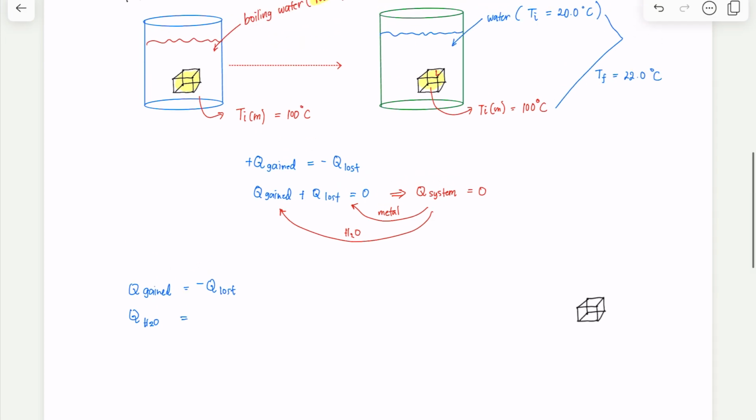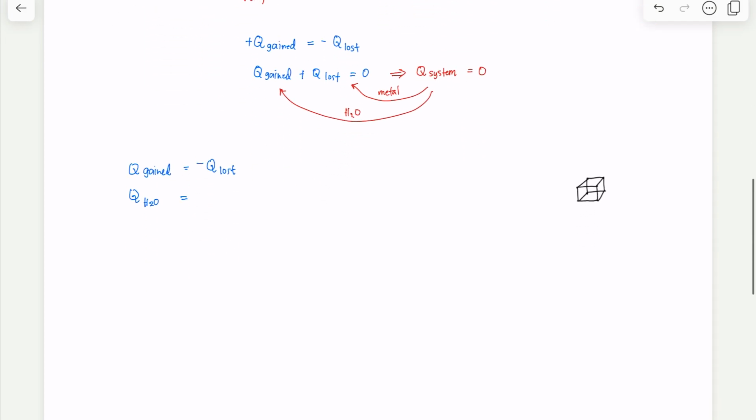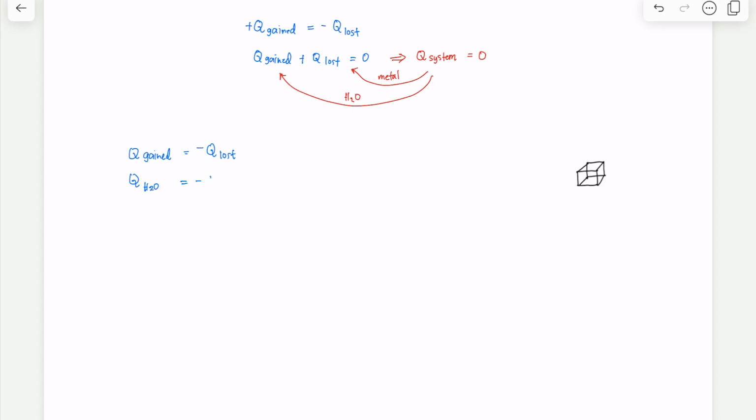As you can see, it increased its temperature from 20 to 22. And then the Q lost is the Q of the unknown metal. So I'm just going to put M over there. According to our equation, Q is just m of the water, c of the water, the specific heat of the water, and the change of the temperature of the water.